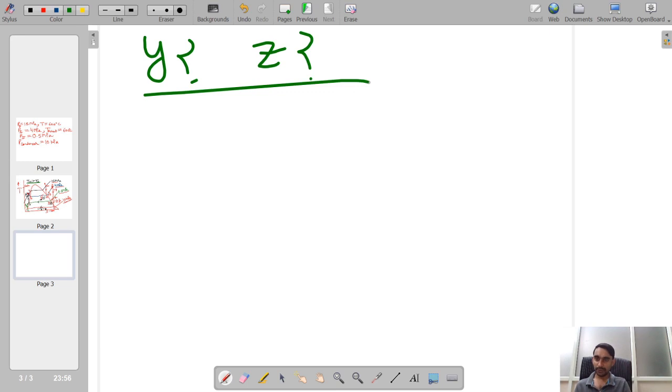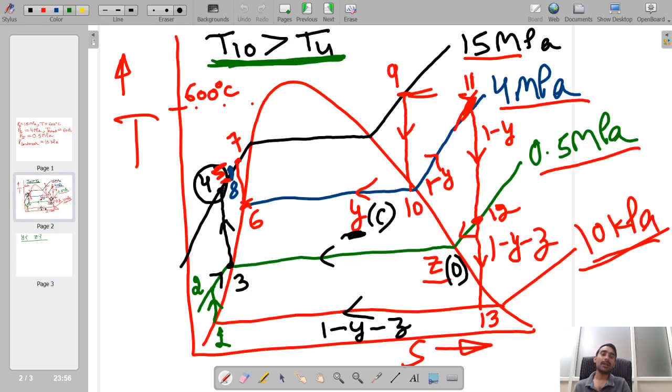For finding fraction Y, we have to apply the energy balance across this closed feed water heater.